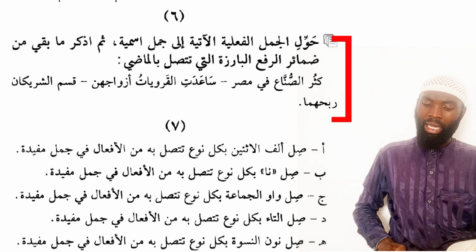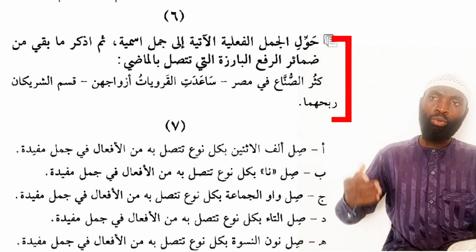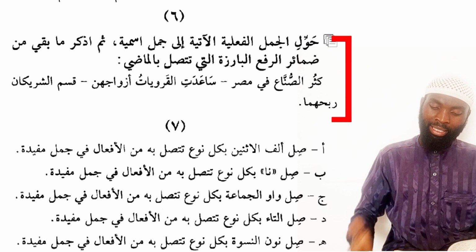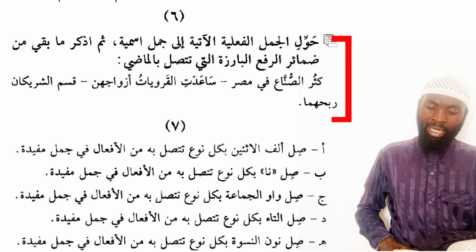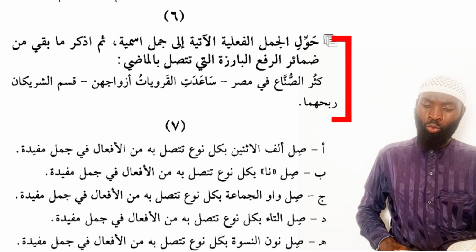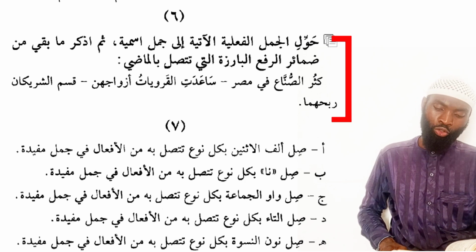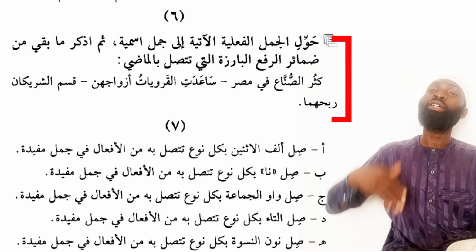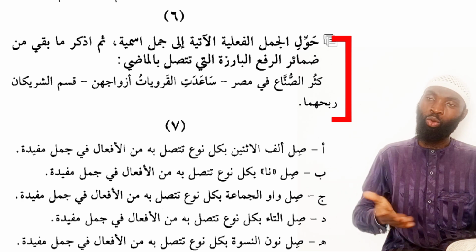You can say الصناع كثروا في مصر. ساعدت القرويات أزواجهن. Then we can say القرويات ساعدنا أزواجهن. قسم الشريكان ربحهما. It could be الشريكان قسما ربحهما.